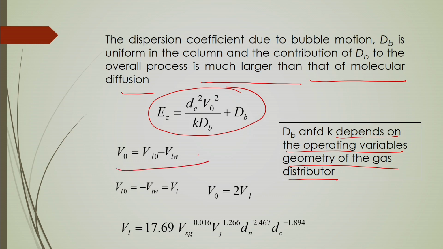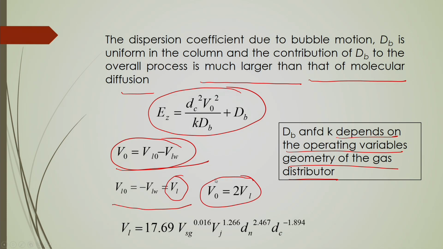In this downflow system, V0 will be equal to VL0 minus VLW, where VL0 is the axial liquid velocity and VLW is the liquid velocity at the wall. VL0 will be equal to minus VLW according to the downflow system, and it will be equal to VL. So ultimately V0 comes as 2 into VL.